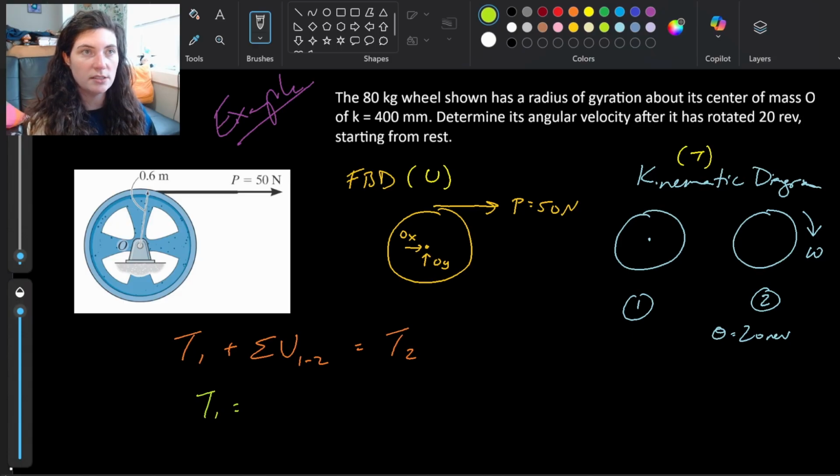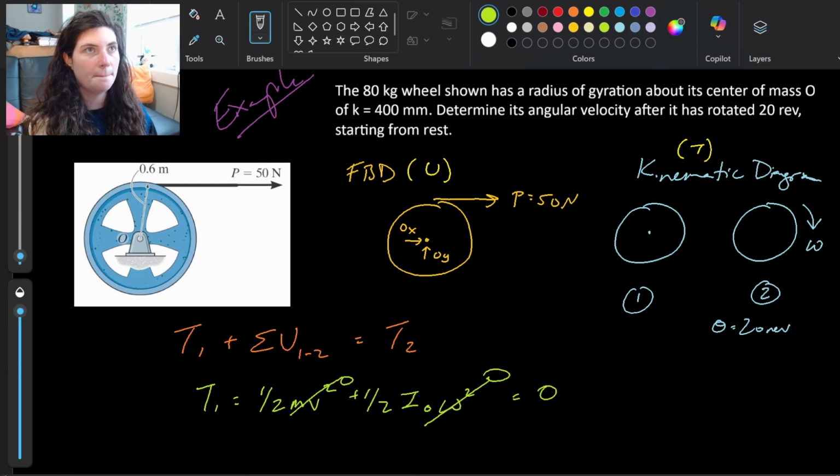We're starting at rest, which means that our T1, for our 1/2 mv squared plus 1/2 I-O omega squared, since we're rotating about our center O there, has no initial velocity. Initial angular velocity is 0, there's no angular velocity starting from rest. It's just 0. Easy as that.